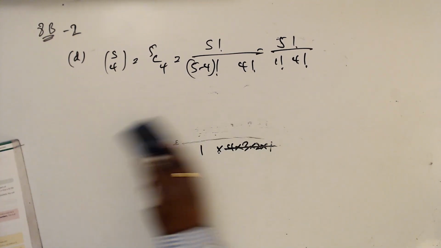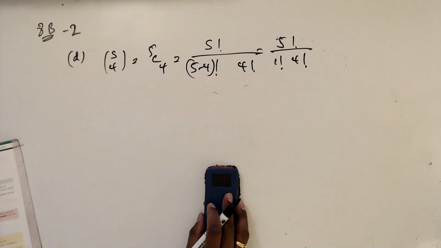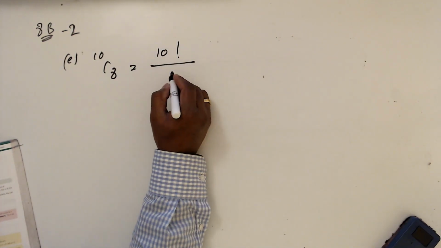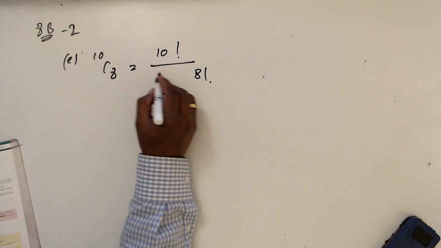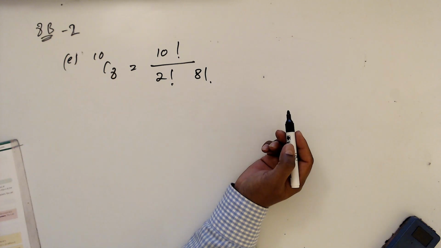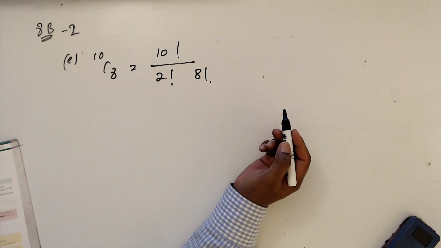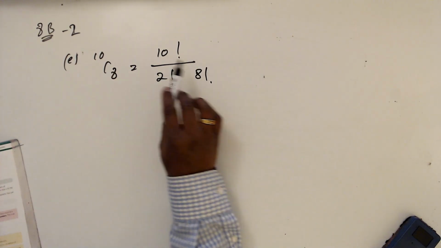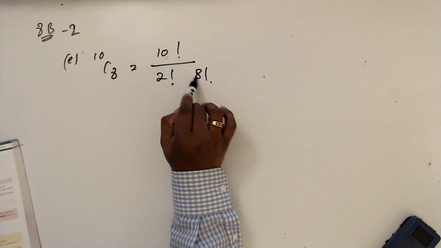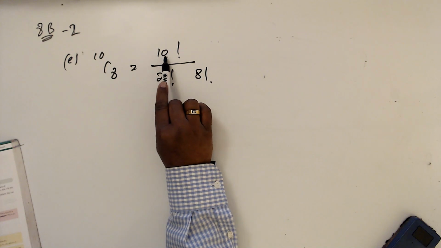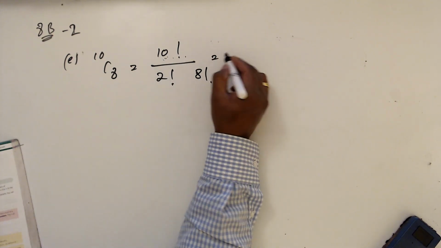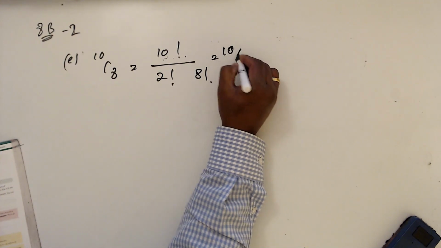10C8. Factorial 10 over factorial 8 and the difference, factorial 2. So when you cancel out this 8, 10, 9, 8 up to 8, everything cancels out, remaining is 10 and 9.